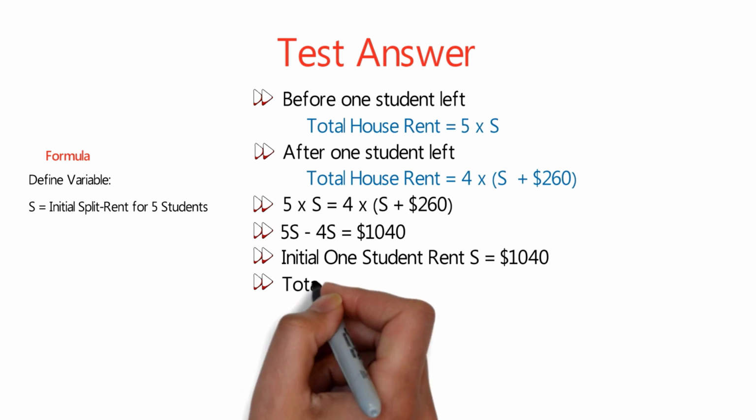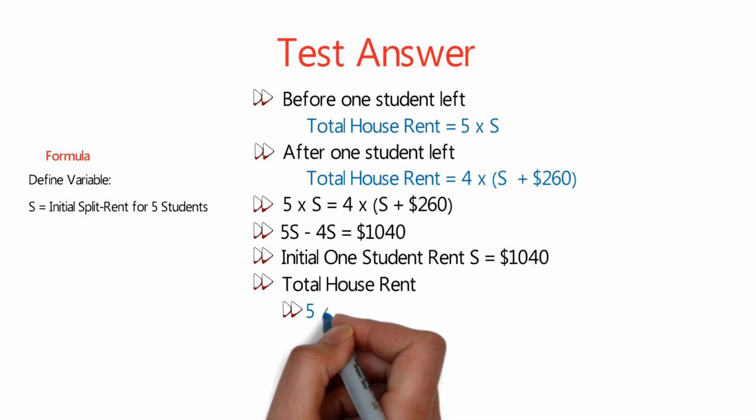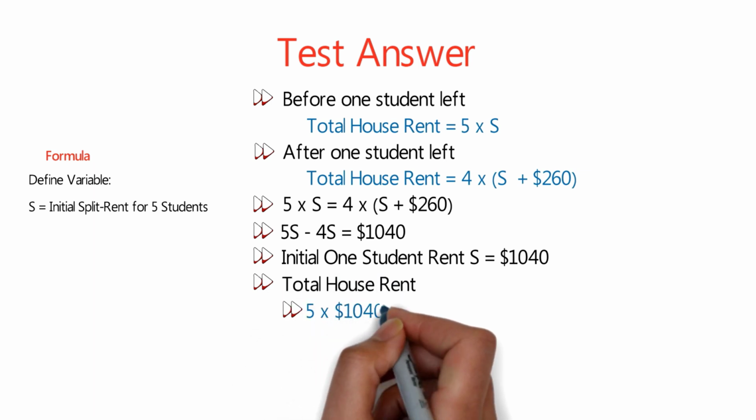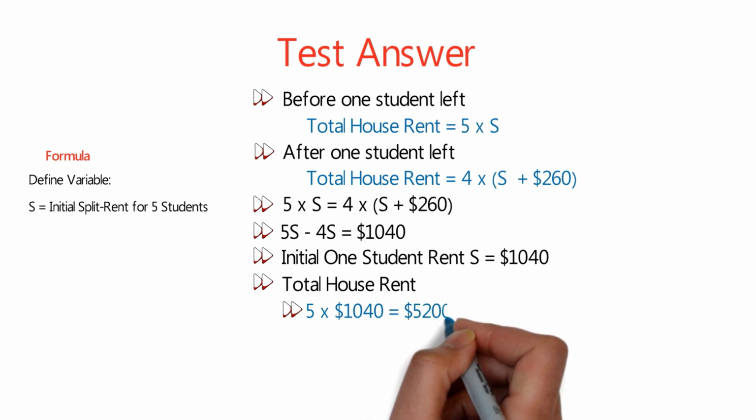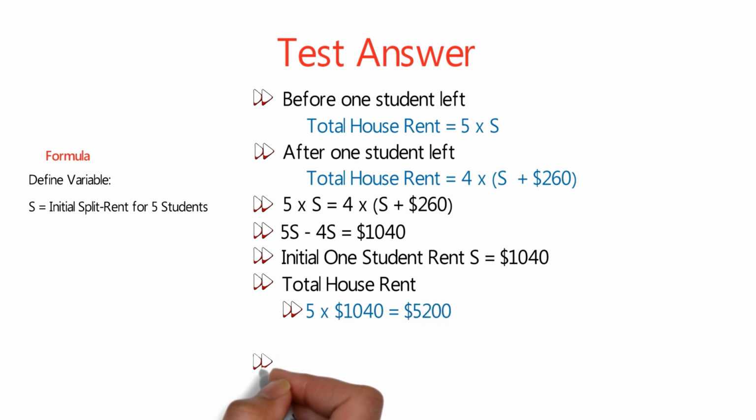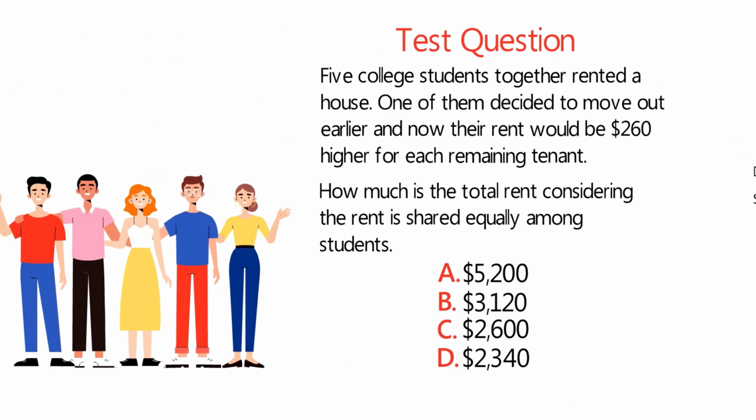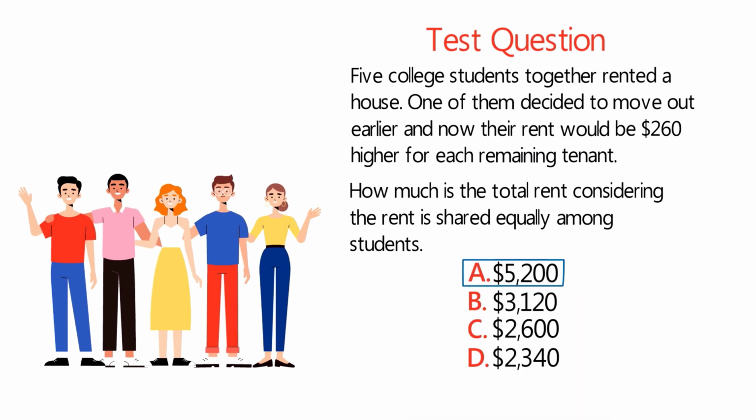To calculate total house rent, we need to multiply 5 by $1,040 and the result will be $5,200. So the answer is choice A, $5,200. Hopefully you've nailed this question and now know how to answer similar questions.